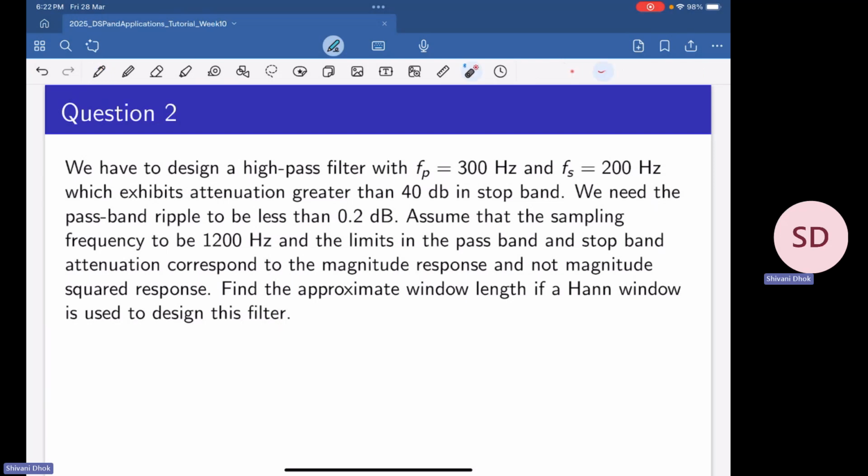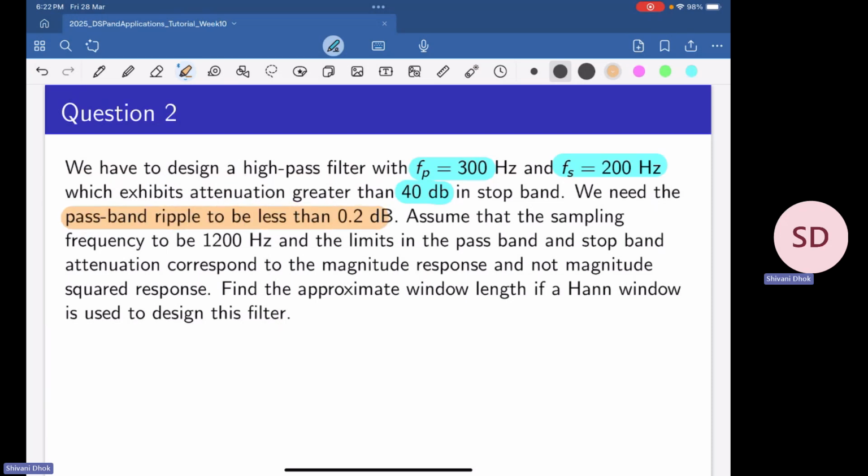What is given to us is we have to design a high pass filter with FP as 300 Hz and Fs as 200 Hz, which exhibits attenuation greater than 40 dB in the stop band. So this 40 dB is basically your stop band attenuation. Then it is said that we need the pass band ripple to be less than 0.2 dB.